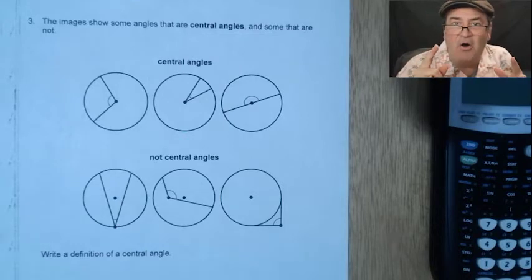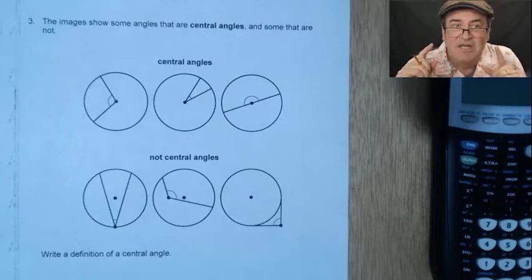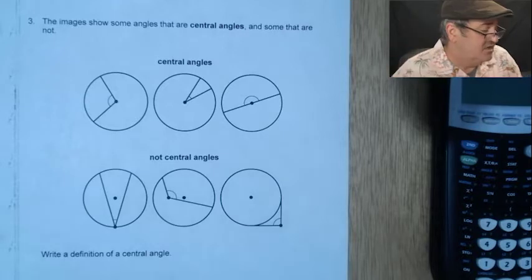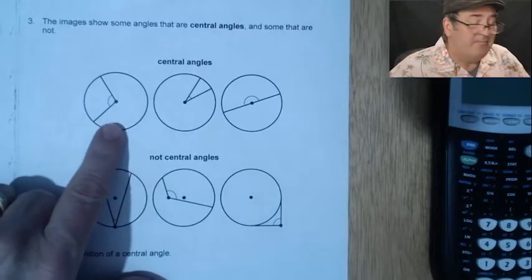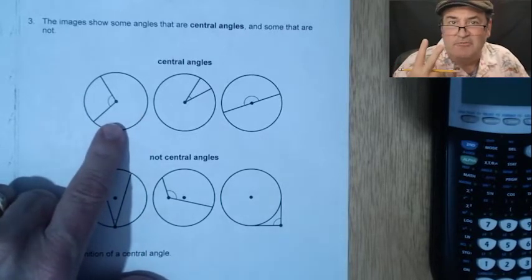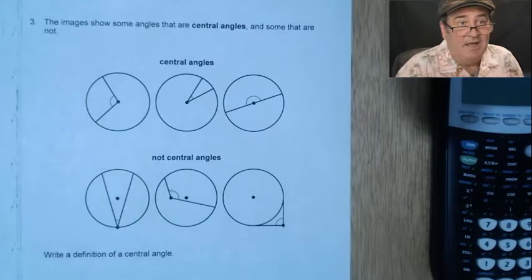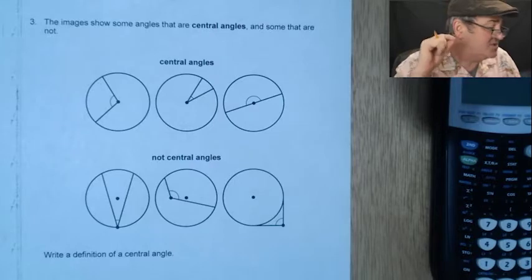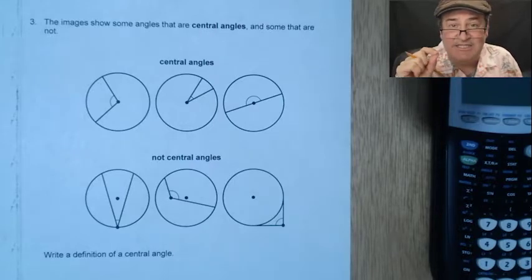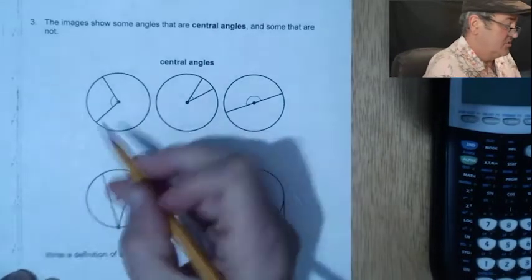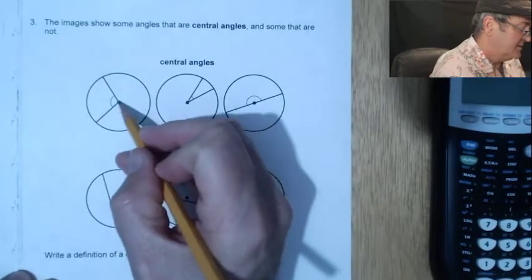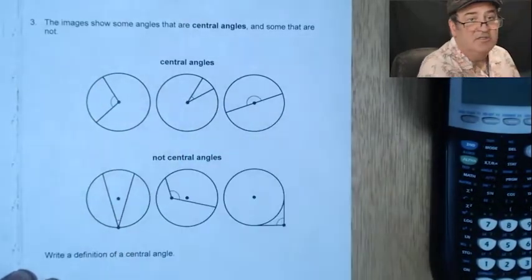Hey, they all go from the center to the edge of the circle. So central angles are made up of two different radii, right? A radius and another radius to make a central angle. So a central angle has to have the vertex in the center of the circle. The turning point of the angle, the vertex, has to be the center to be a central angle.